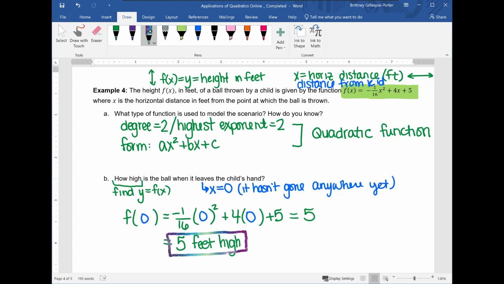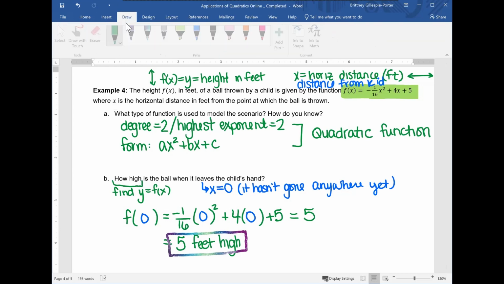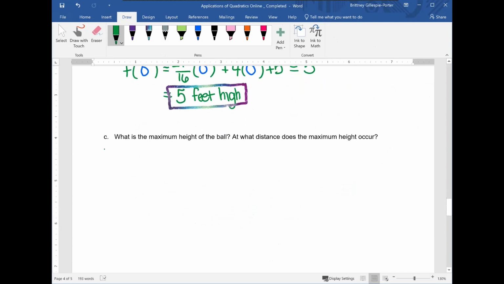Let's try part C. Part C says, what is the maximum height? So it's asking for the maximum y of the ball. And at what distance does the maximum height occur? So at which x? Okay.